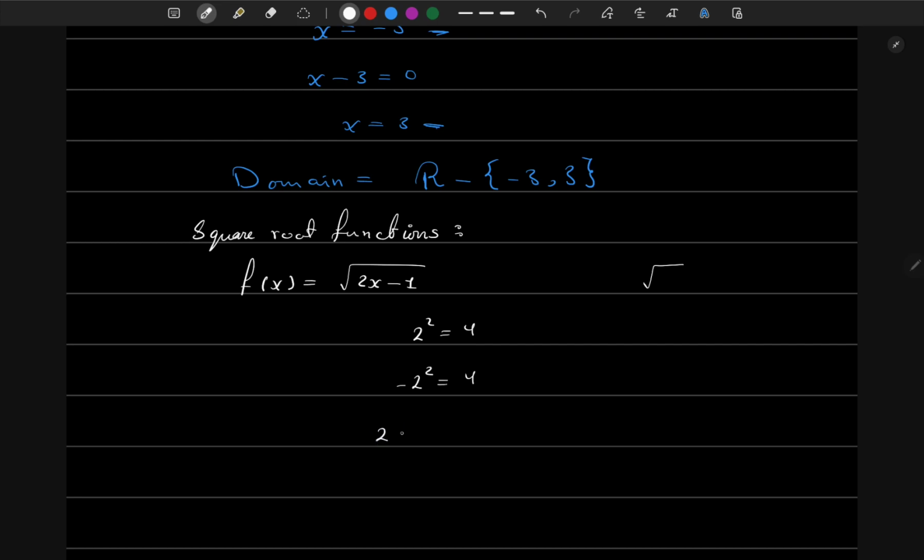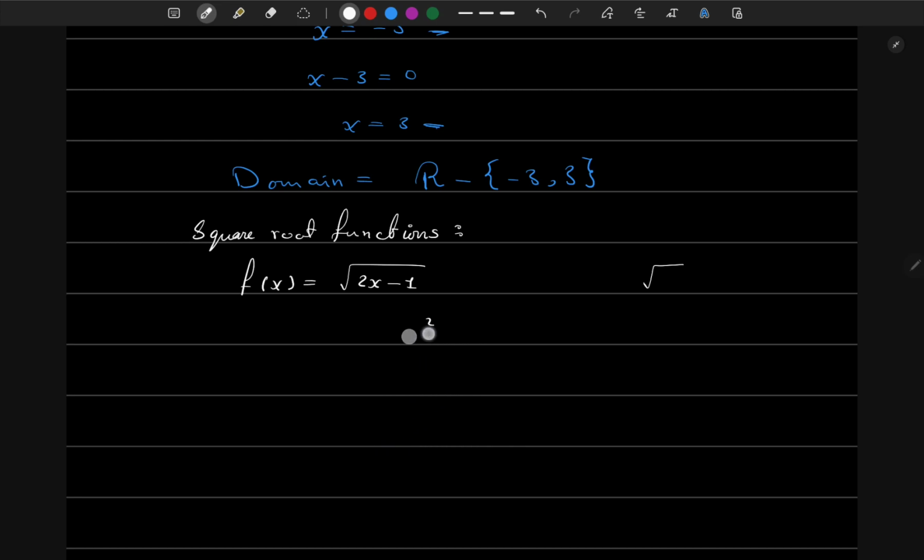So if I multiply any number by itself, I'm always going to get a positive number. There is no way that I'm going to get a negative number. If you say that I multiply negative 2 by positive 2, then yes, I will get negative 4, but negative 2 and positive 2 are not the same number, so I'm not multiplying a number by itself.